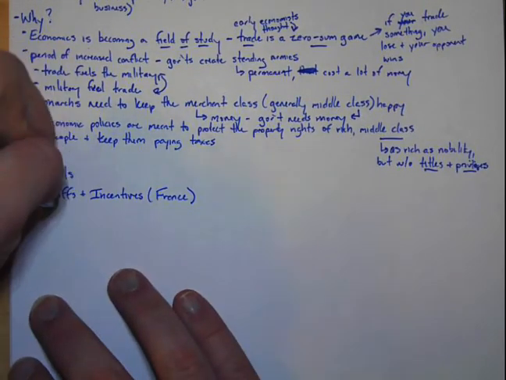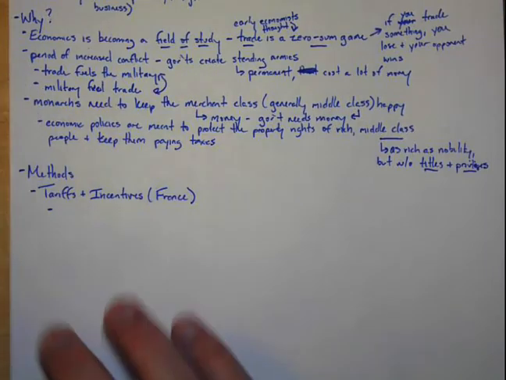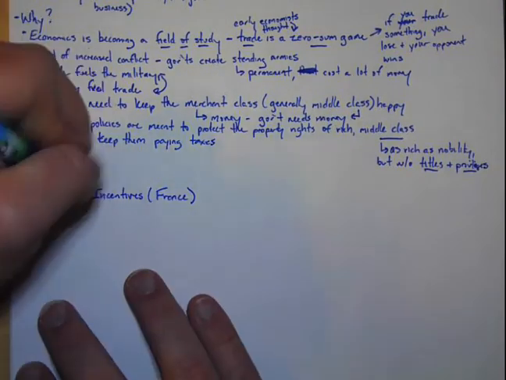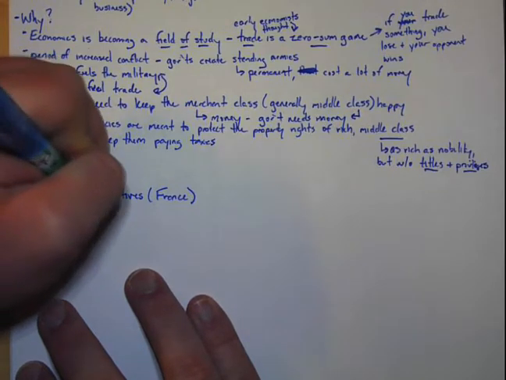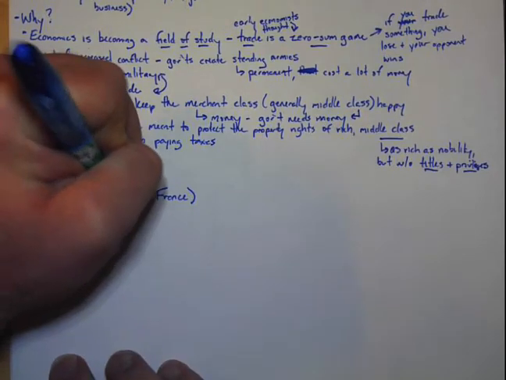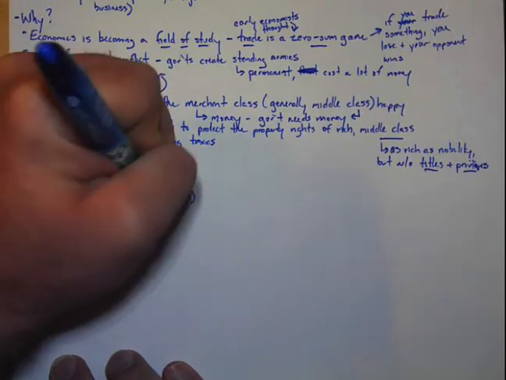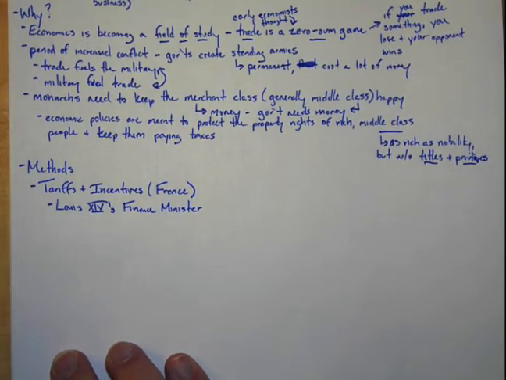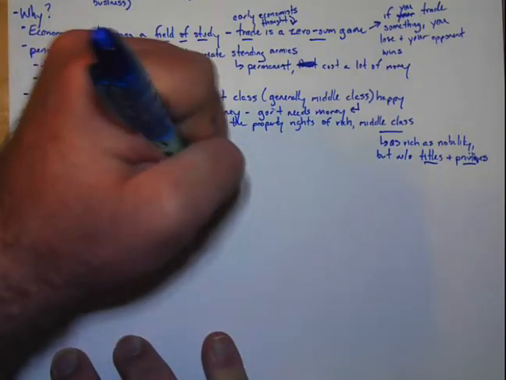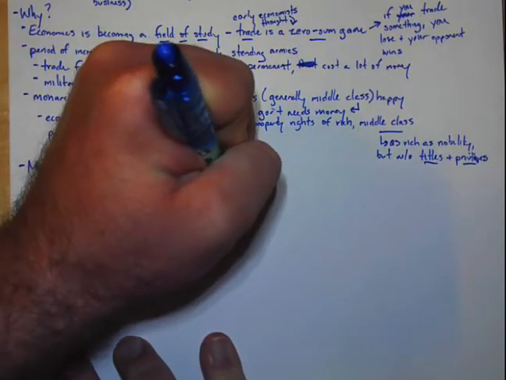So the guy that is notable here, the guy that we need to know, is Louis XIV's finance minister, the guy in charge of the books. His name, Jean-Baptiste Colbert.